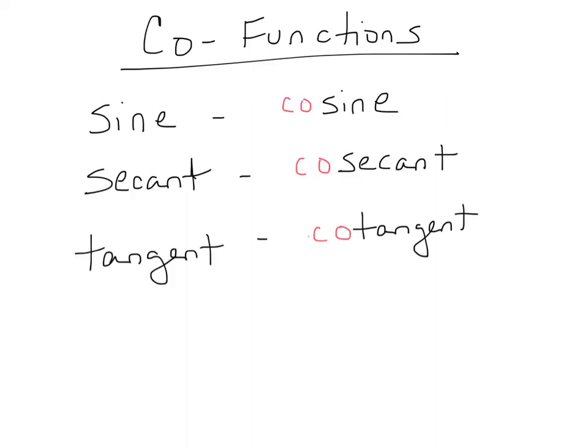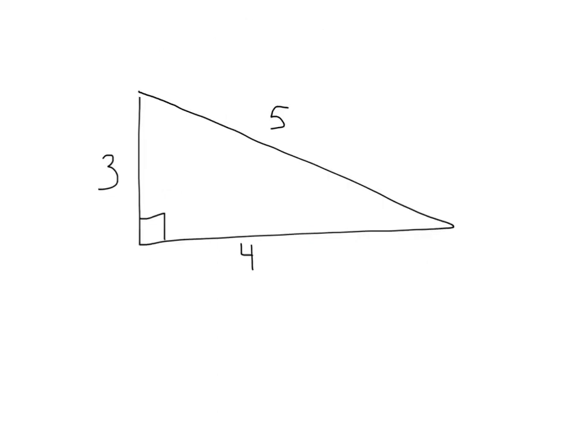So we want to talk about this idea of cofunctions. There are actually three sets of cofunctions: sine and cosine, secant and cosecant, tangent and cotangent. And the whole concept of a cofunction I'm going to show you with sine and cosine. It's the easiest one for me to show you with. And I'm going to show you with the 3, 4, 5 triangle again because that's such a nice little triangle to work with.